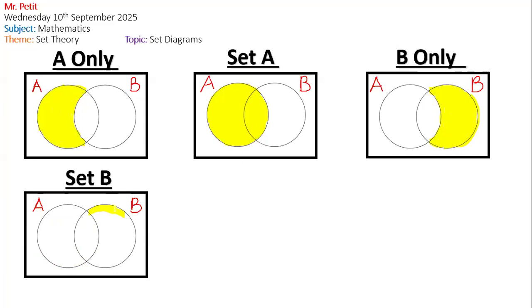Okay. All of set B. I was the one set A again. Okay, so all of set B. It's gonna be that. So all of that. All of this.